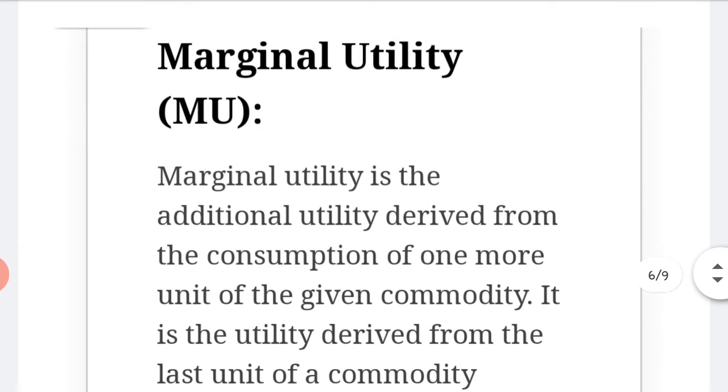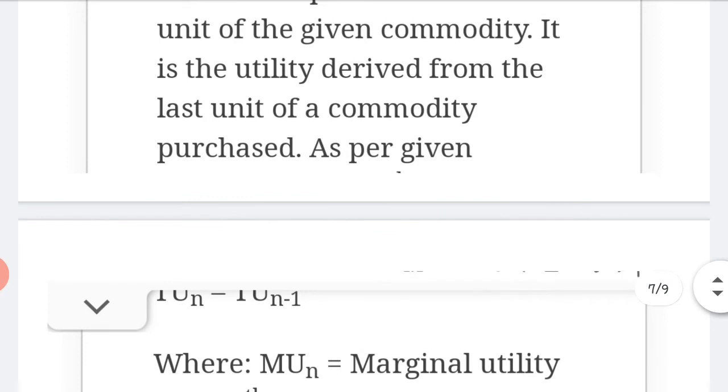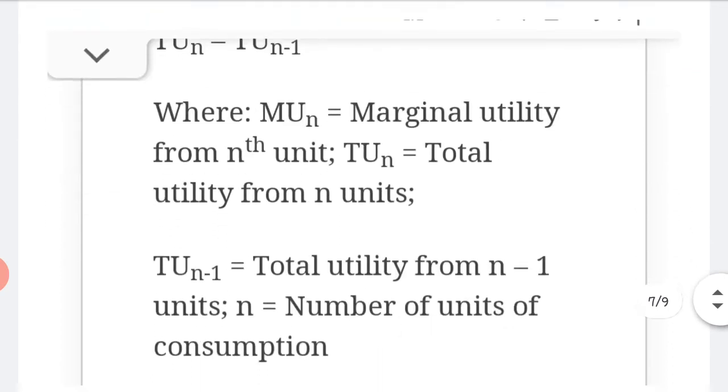Then what do you mean by marginal utility? Marginal utility is nothing but the utility which we get from the additional unit which we consumed. So it is also called additional utility. How is it calculated? It is calculated as MU equals TUn minus TUn minus 1. Like this we also calculate marginal utility.